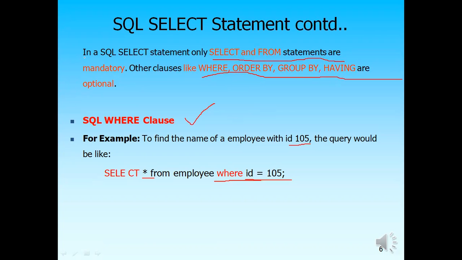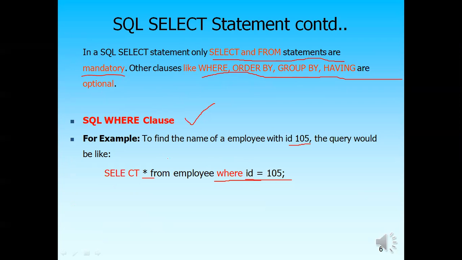Also one thing you can note down, student: in the SQL select statement, only select and from clauses are mandatory. Other clauses like where clause, order by clause, group by, and having clause are optional. You can note this down, right? So without a where clause also your query will run, because if there is no criteria, select and from clauses are mandatory.